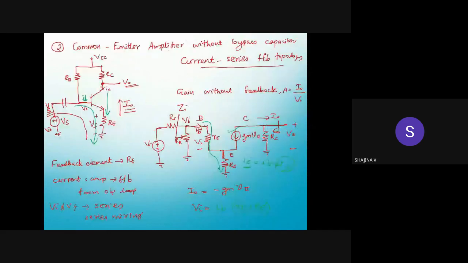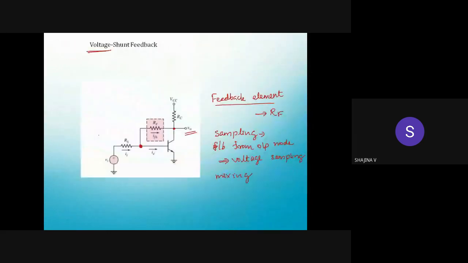But here, when you are considering the feedback network, this is a shunt connection, because we are connecting to a node. So here we have to add currents, that is, here the feedback current is considered, that is IFB. Okay, and here also we have to consider current because it is a node, not a loop. So we can say it is a shunt connection, that is, mixing is shunt.